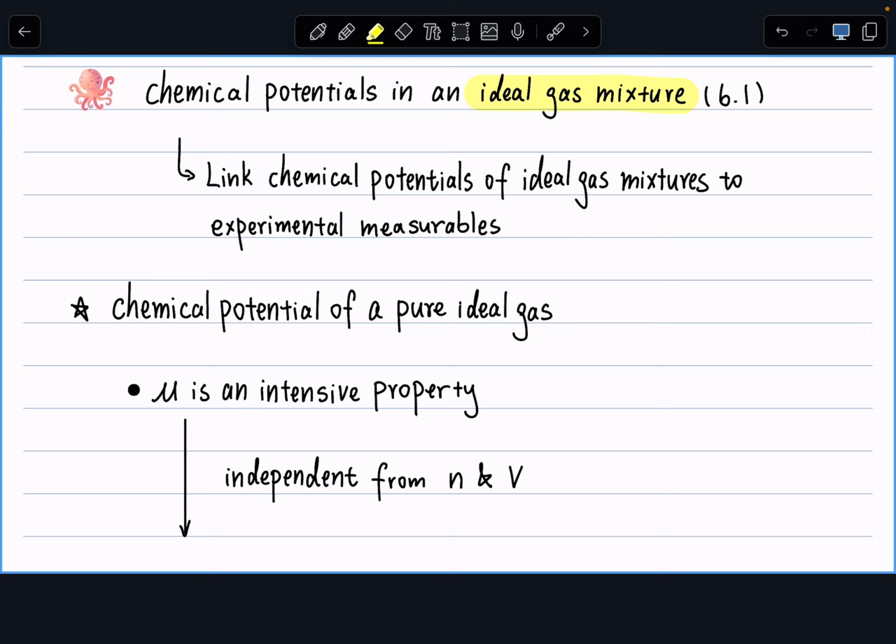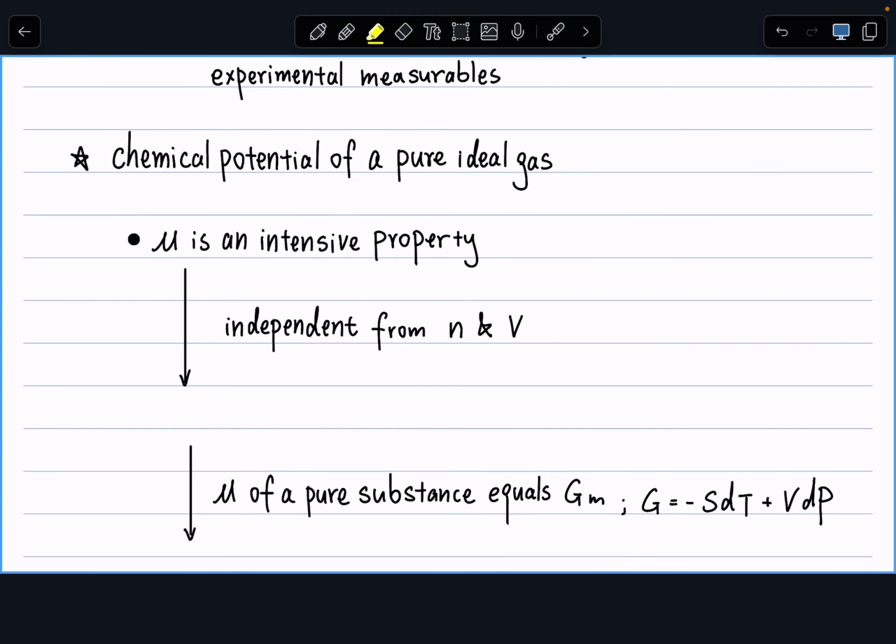Now remember, we're talking about an ideal gas mixture. So let's think about the chemical potential of a pure ideal gas first. A few things that we know about a pure ideal gas. First of all, for an ideal gas we have PVm equals RT, or PV equals nRT. My chemical potential, remember, is an intensive property.